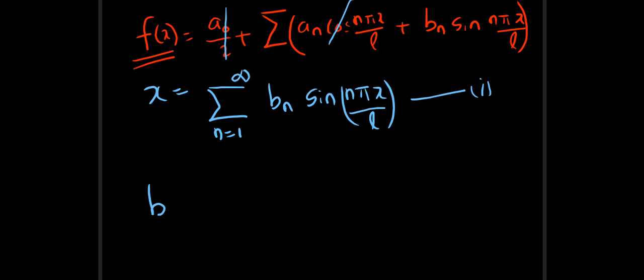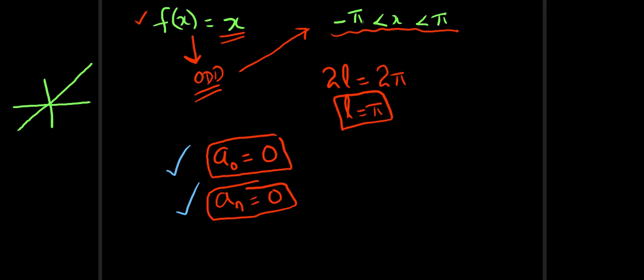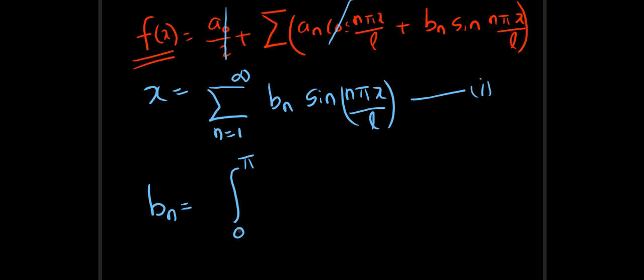And by the way, what's the value of bn? Yeah, you do half the work, that is 0 to pi. In the question, the limit is from minus pi to pi, but I'll do the integration from 0 to pi. But I'm supposed to write 2 by L and the usual formula, f of x sine n pi x by L. By the way, what is L?